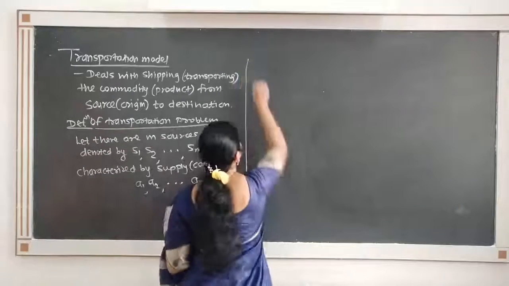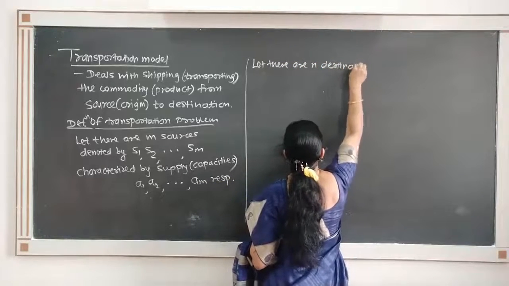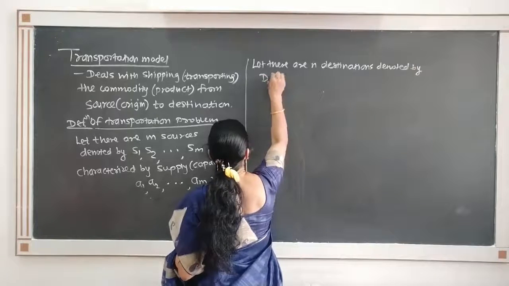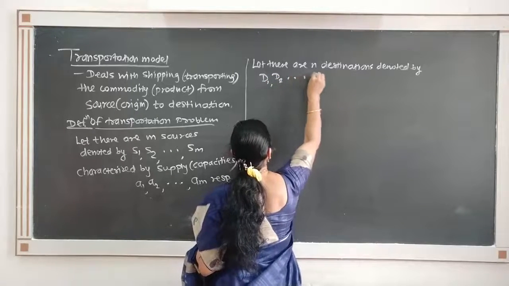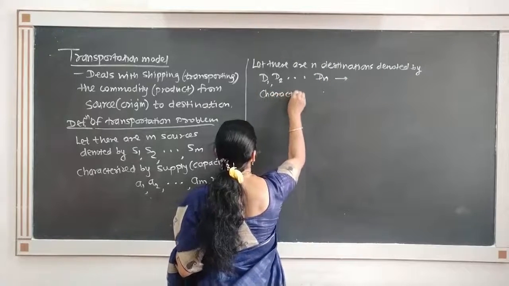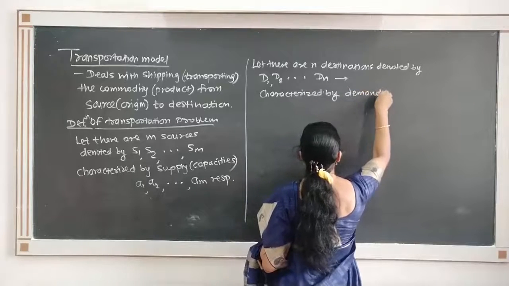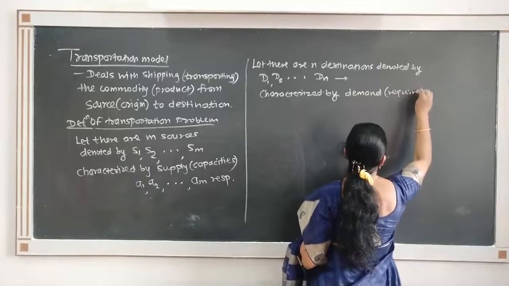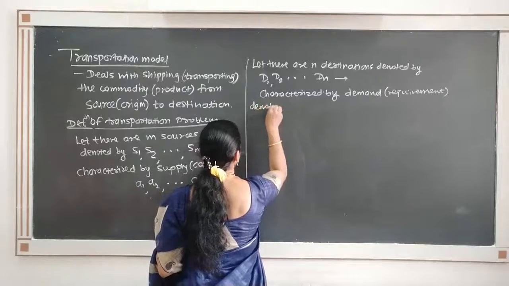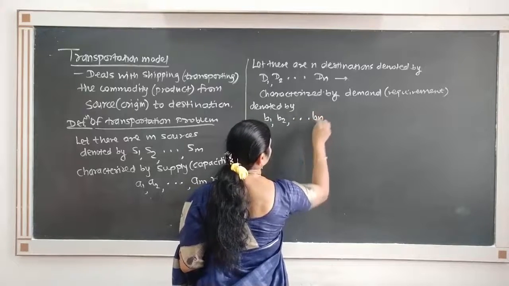Also let there are n destinations denoted by D1, D2, ..., Dn, and these destinations are characterized by demand or requirement denoted by B1, B2, ..., Bn respectively.